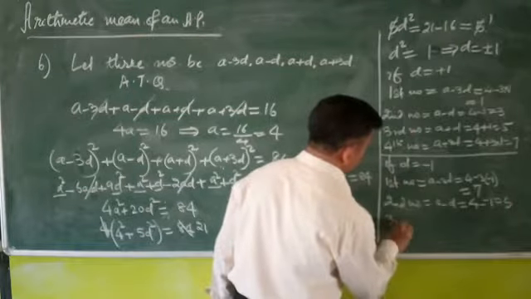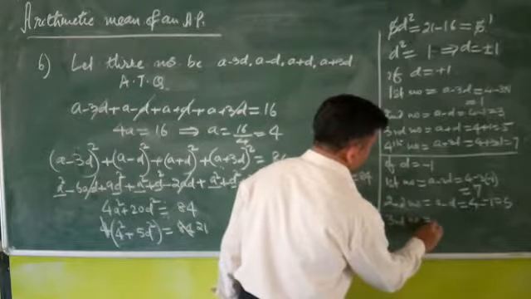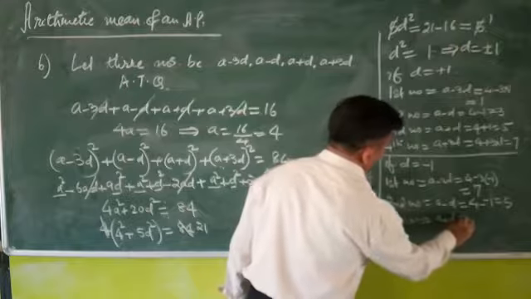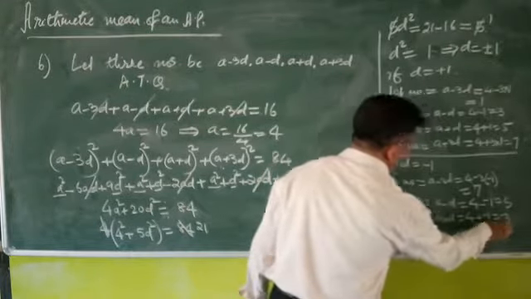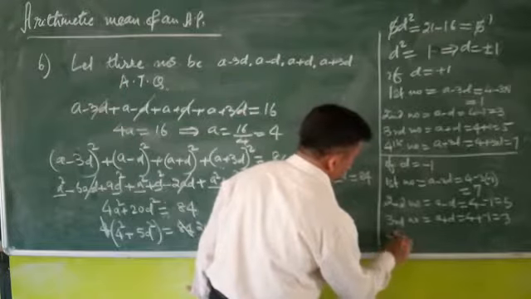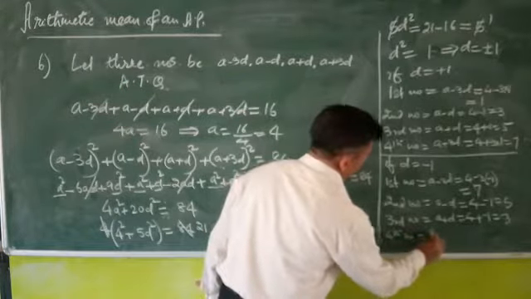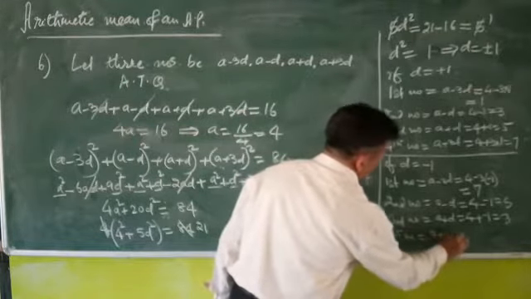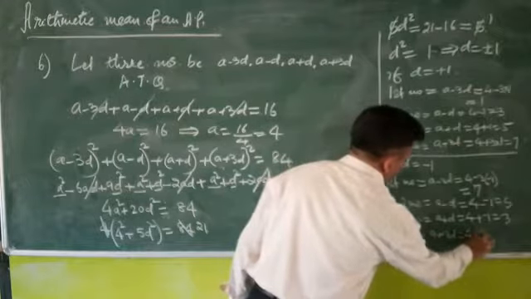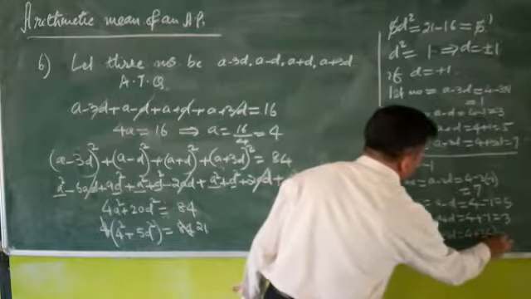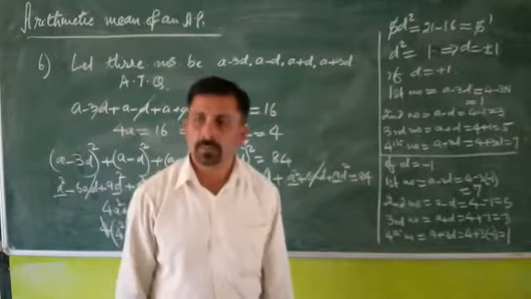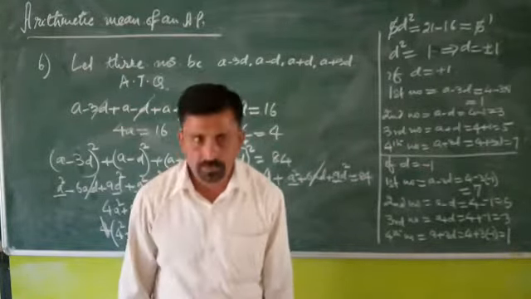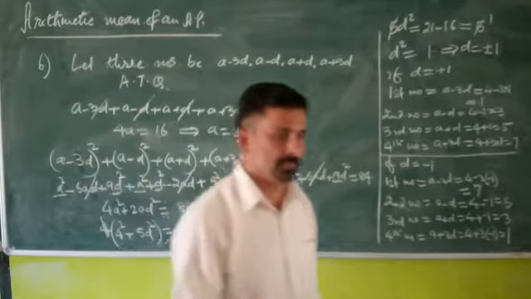Third number is a + d, that is 4 + (−1) = 3. And fourth number is a + 3d, that is 4 + 3 × (−1) = 1. Is it very clear? Yes, sir. Have you completely understood? Yes, sir. Thank you.